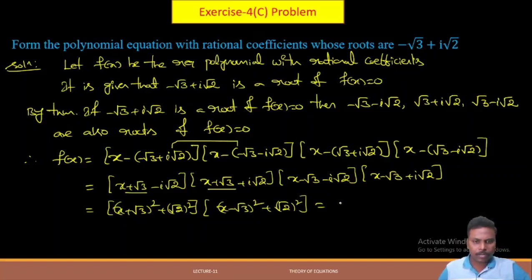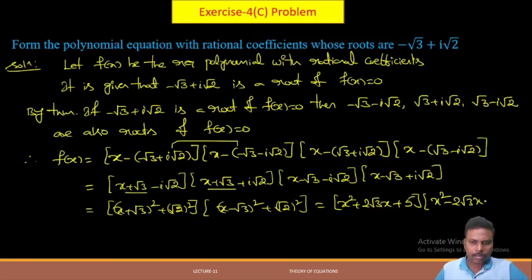That is equal to x square plus 2 root 3x plus root 3 whole square is 3, plus 2 is 5, and this is x square minus 2 root 3x plus 5.